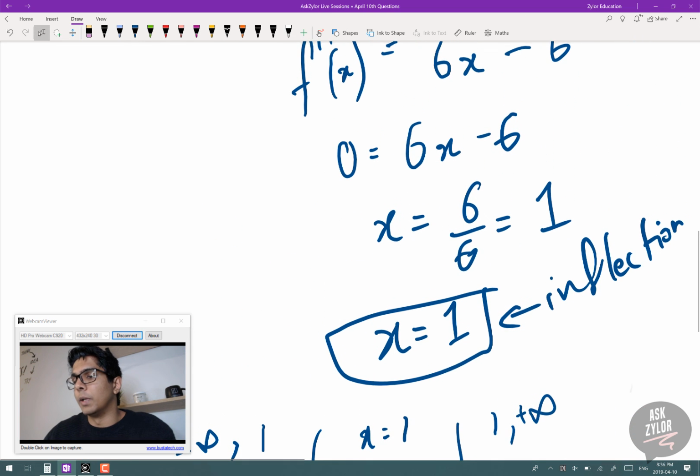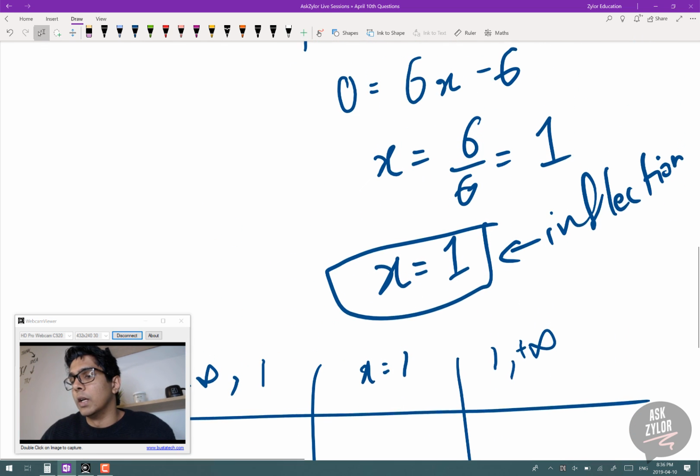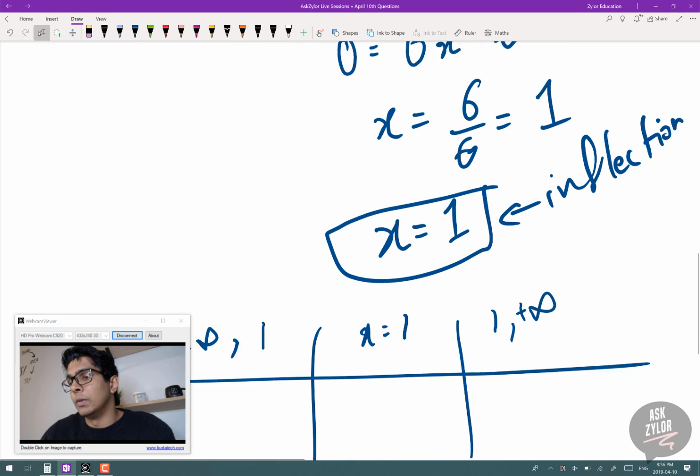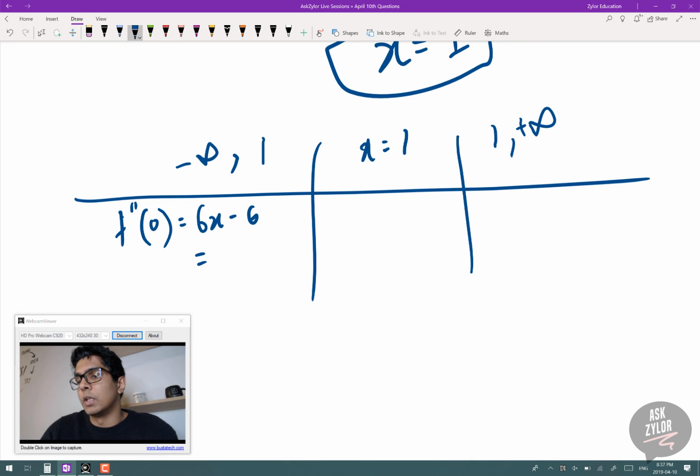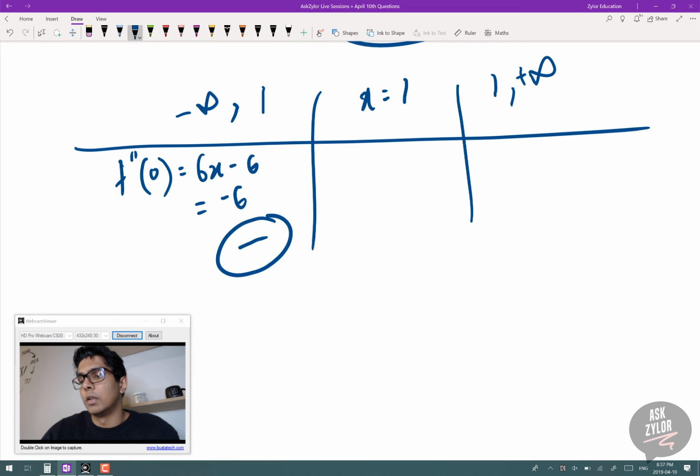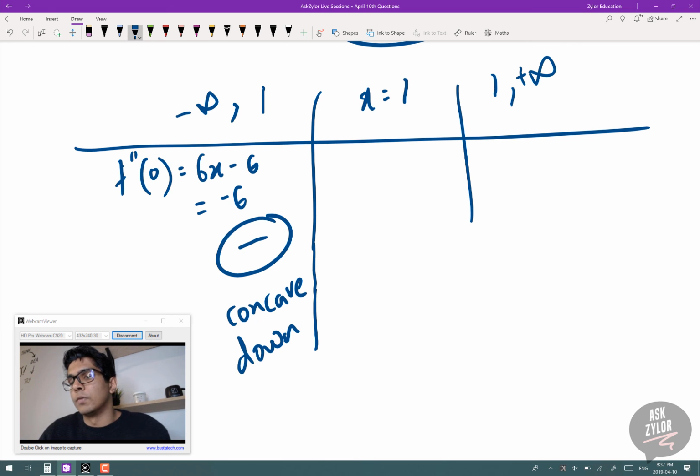So I can simply do that by plugging in a number that's smaller than 1 into 6x minus 6. If I plug in 0, for example, I get 6x minus 6, which gives me negative 6. So I have a negative value. This tells me I have a concave down when x is from negative infinity to 1.